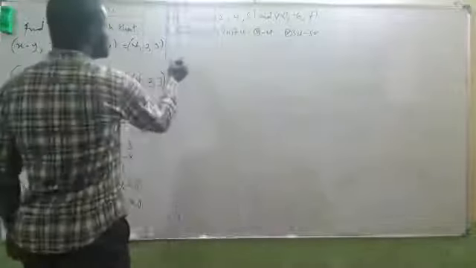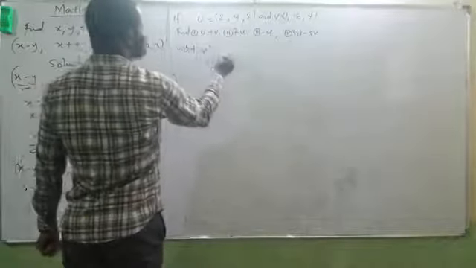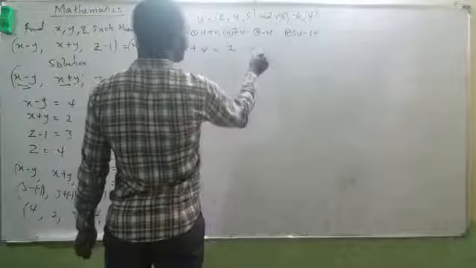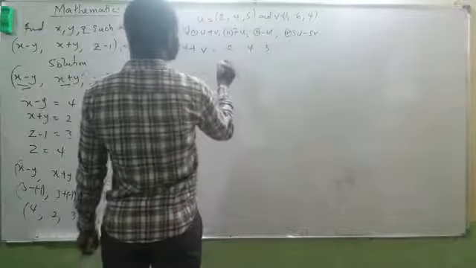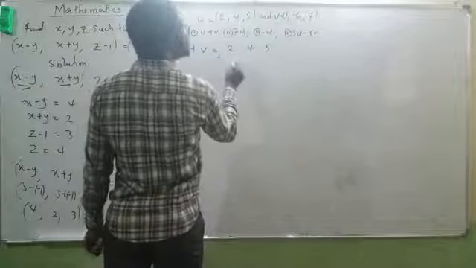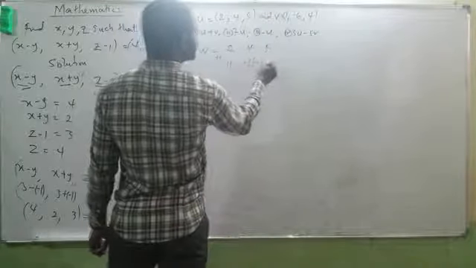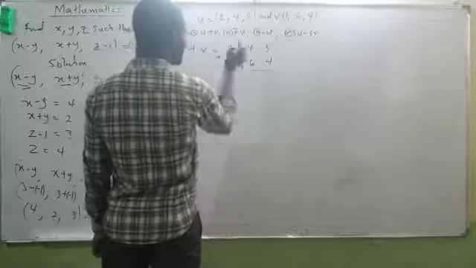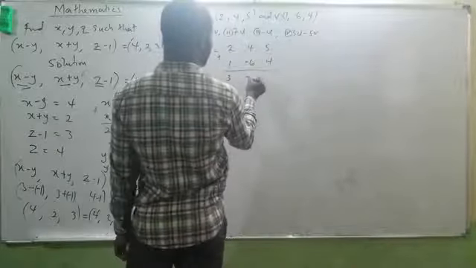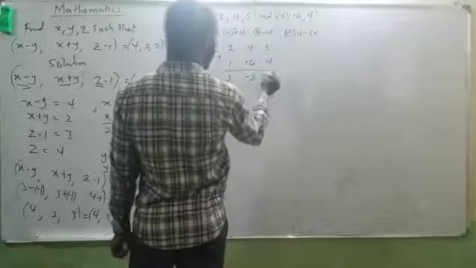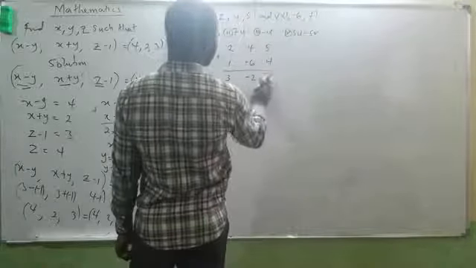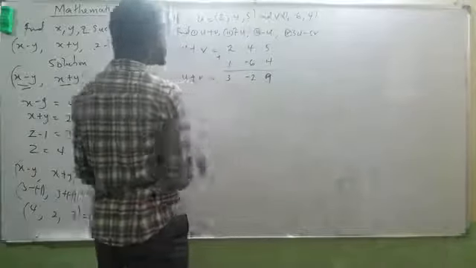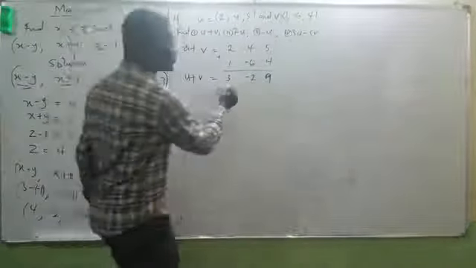The first one, u plus v: don't forget you are just having 2, 4, 5 plus 1, minus 6, 4. Adding them together, I have 3, minus 2, and 9. Now it means my u plus v equals this. Take note of that.